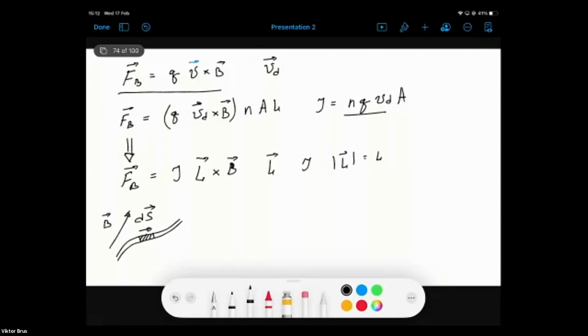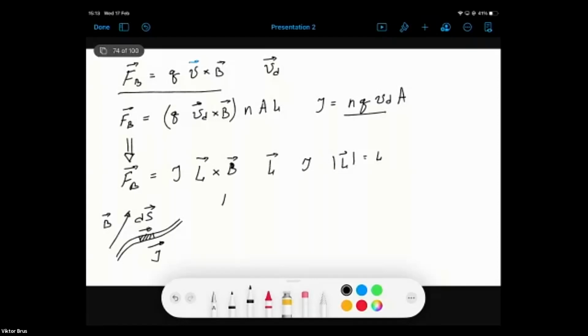This is the small length of the small segment of this conductor, and its direction is defined by the direction of the electric current within this segment.